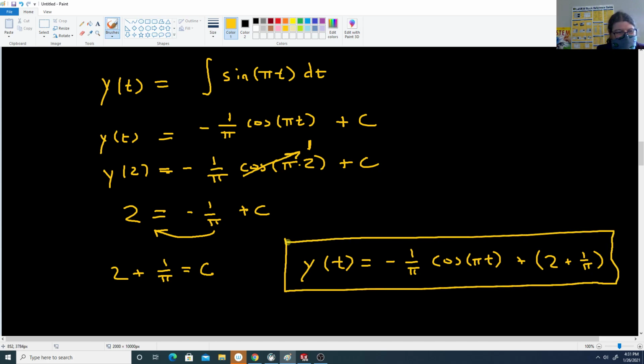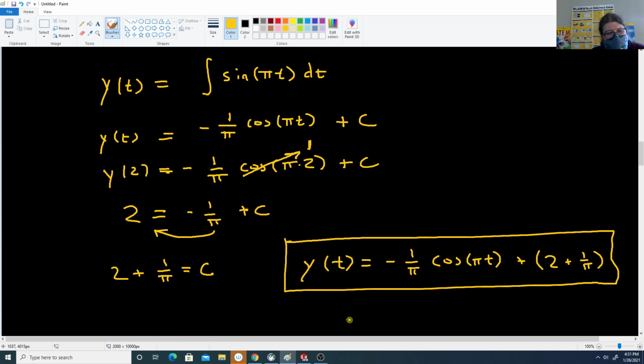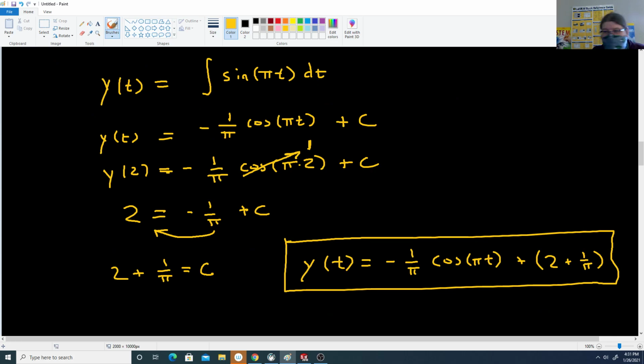This is a function when I take its derivative. The derivative of this function is sine of pi t, so dy dt is sine of pi t. And whenever I put 2 in for t, I end up getting 2 back. And that's going to wrap up section 4.9, so we'll stop there.